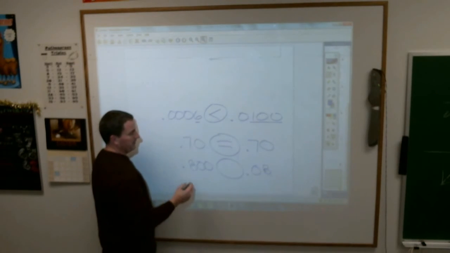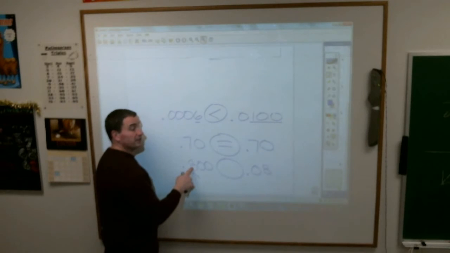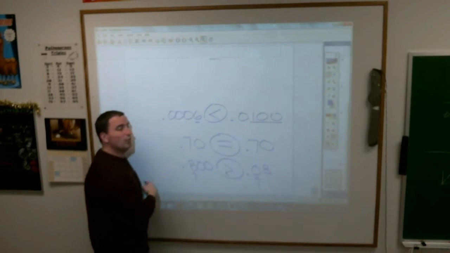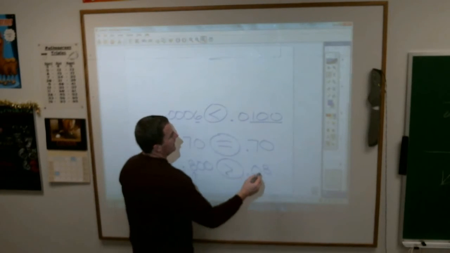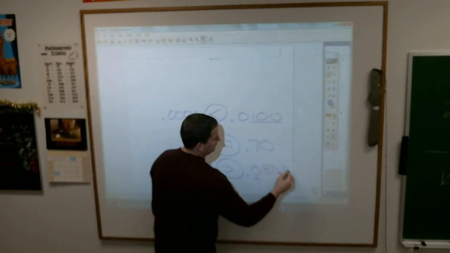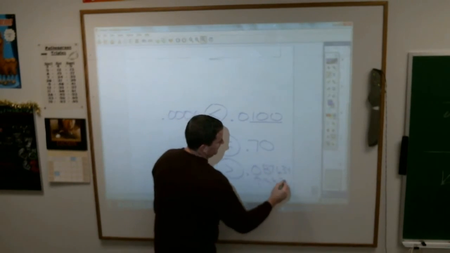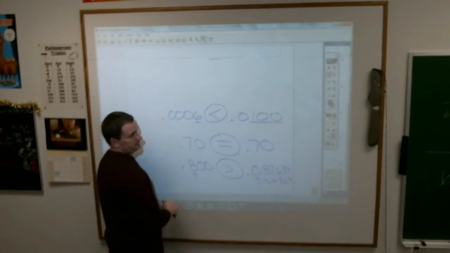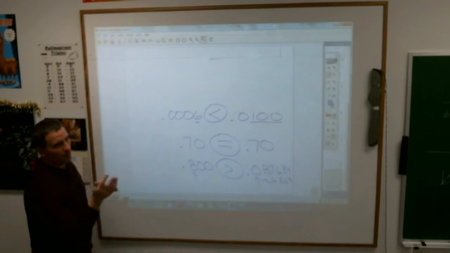You don't have to look anywhere past their first numbers. The first number after the decimal here is an 8, the first number there is a 0, you can stop right there. It doesn't matter what comes after it. I could have a bazillion numbers after this. This one will always be bigger than that one.